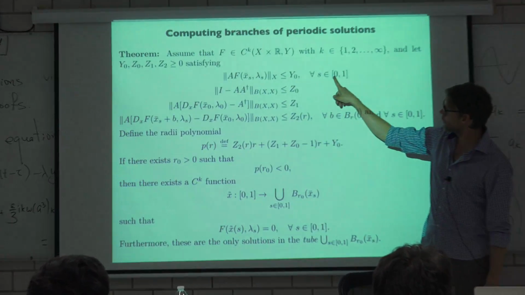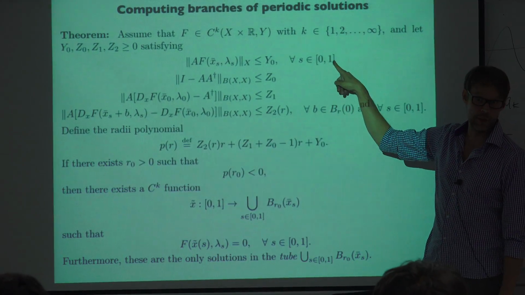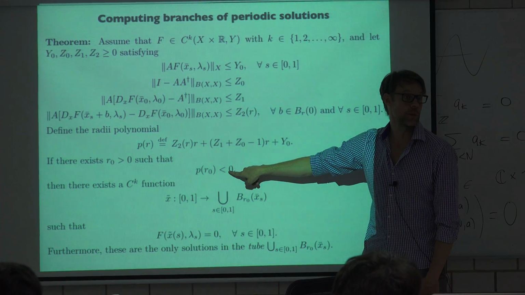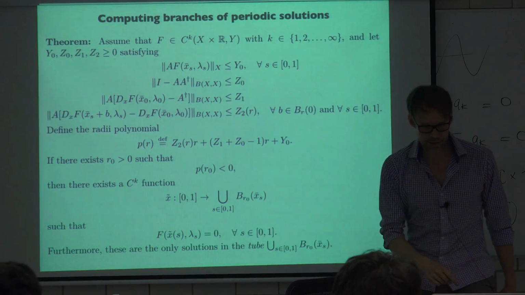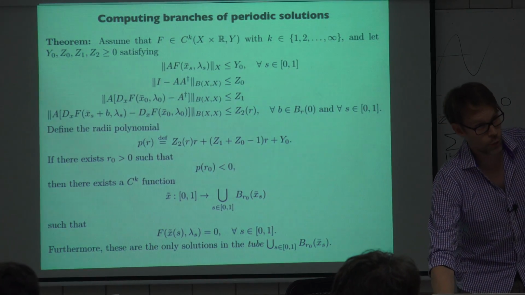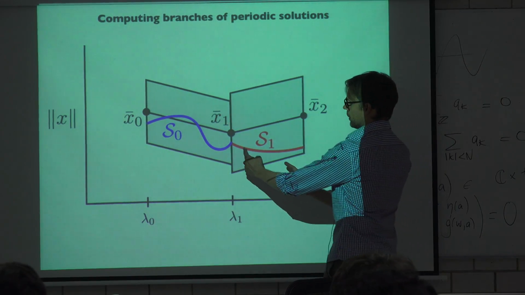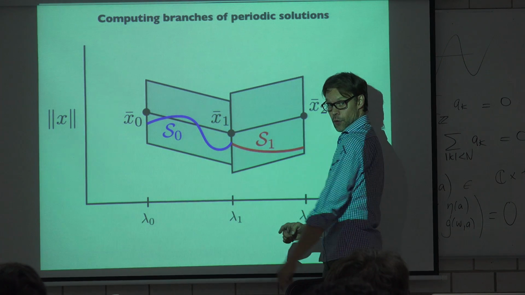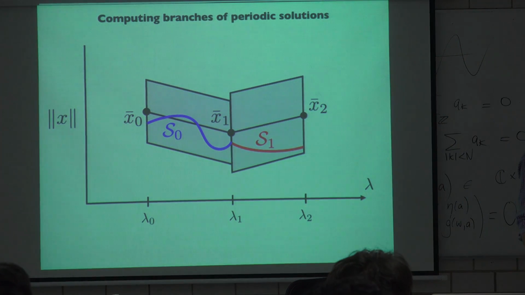You could continue s for a negative epsilon and push it for a positive epsilon, and by continuity, that would still remain negative, which means that, because of the way that we build the radial polynomials, you know that it continues a little bit on the left and a little bit on the right, and therefore they have to be smooth.